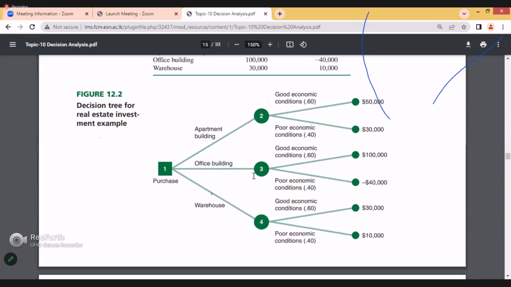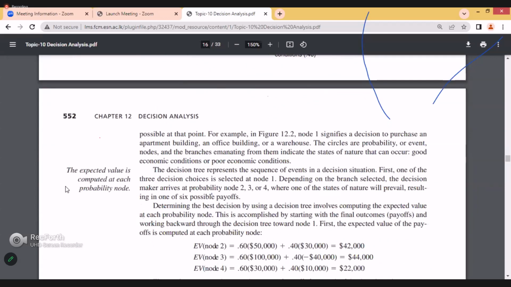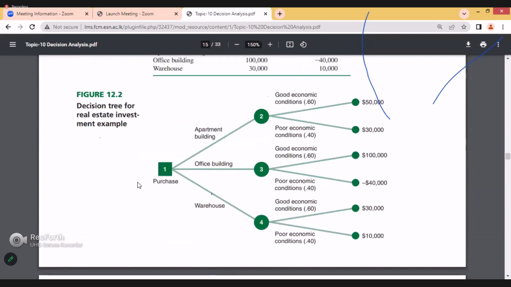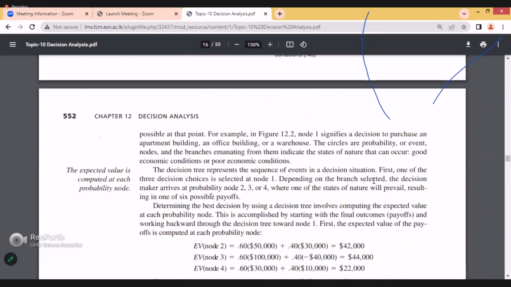Based on that, we can make decisions after the expected value is computed as probability times payoff or loss. We can see which is the best option. Here, if good economic conditions happen, this is 50, 100, 30. Poor economic conditions 30, loss 10. Just the sign, the probability will decide it.